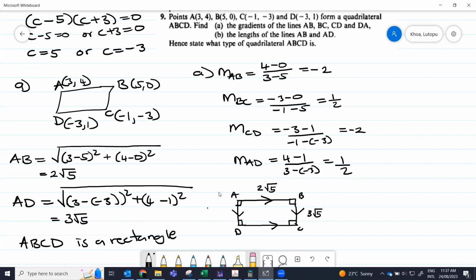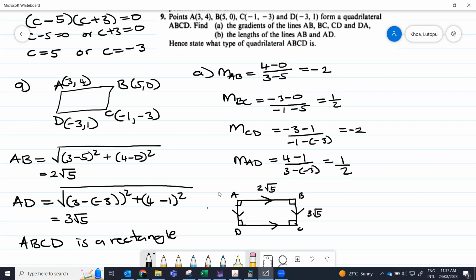Okay, so it's important to look at all of this. What does it mean when opposite sides are parallel? Is it just one pair? Then it would be a trapezium, but its opposite sides are parallel. So AB and CD are parallel. AD and BC are also parallel. So the three candidates would be a parallelogram, rectangle, or a square.